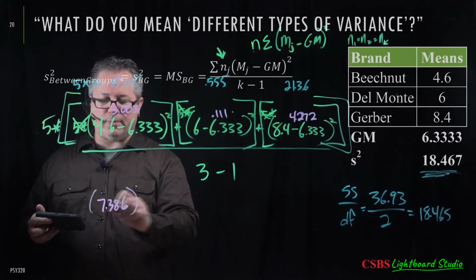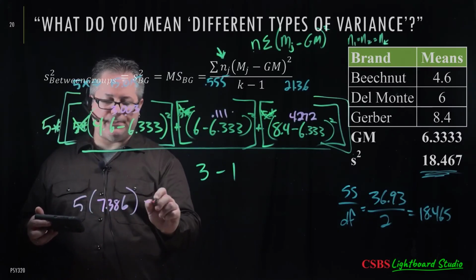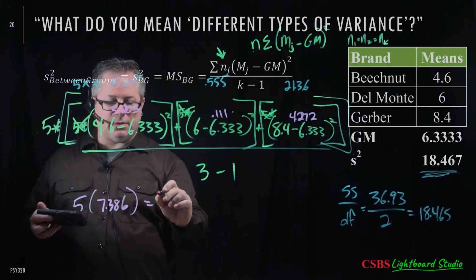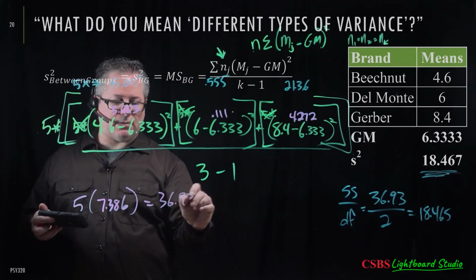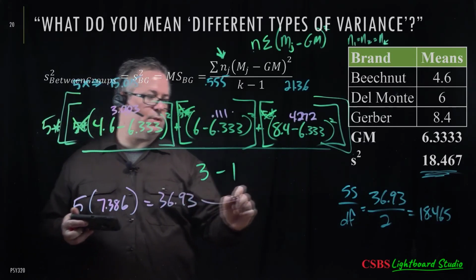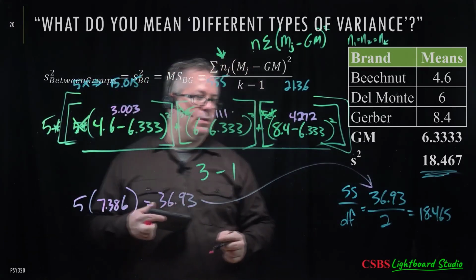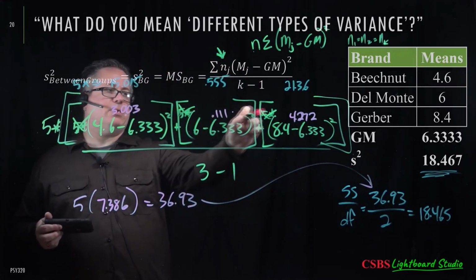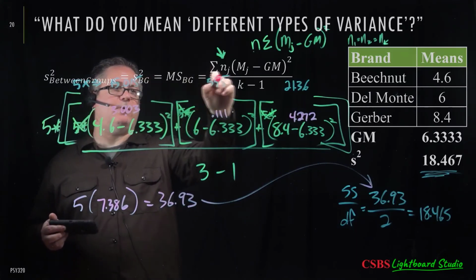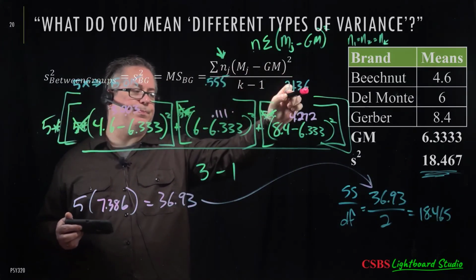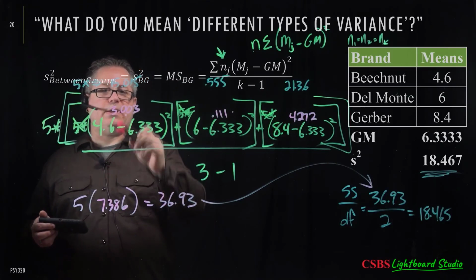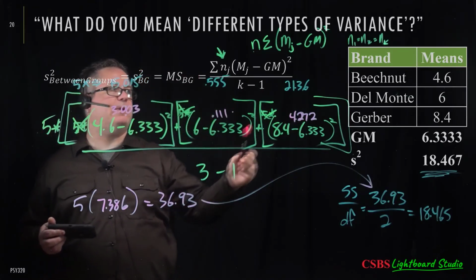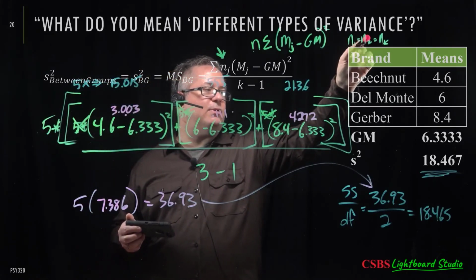If I then multiply that by 5 at the end, I get 36.93, which is the same thing as that. So whether I multiply each individual number by 5 and then sum them, or I sum the values up and multiply by 5, I get the same answer, but that's because n1 equals n2 equals n3.